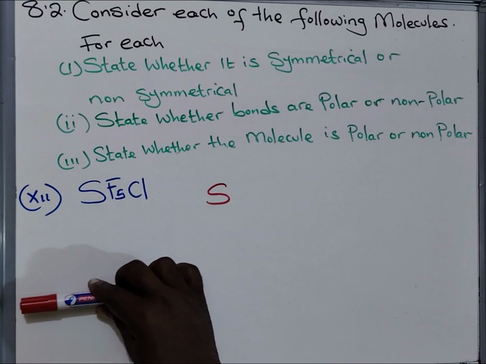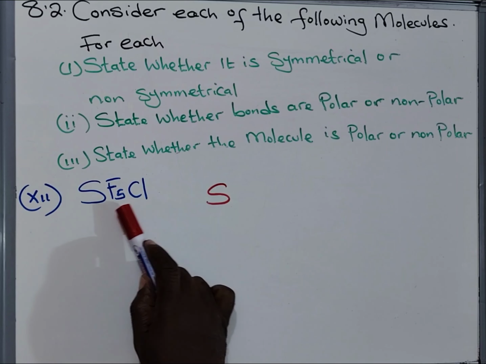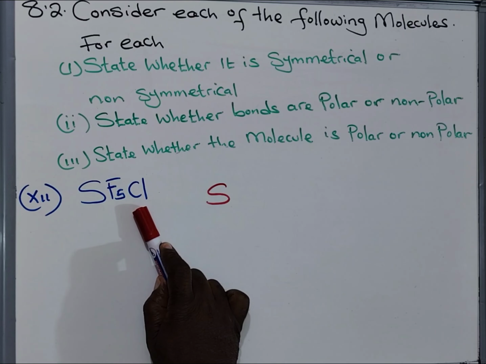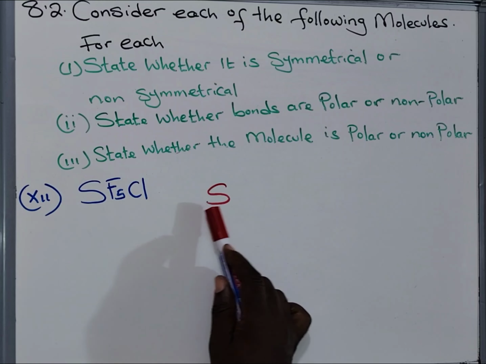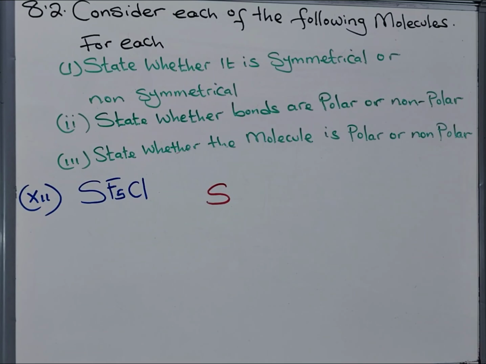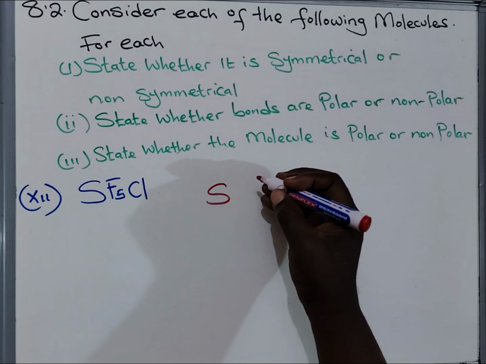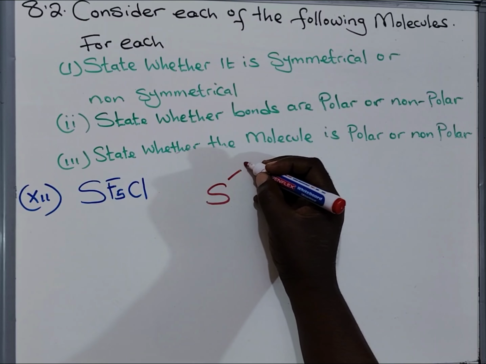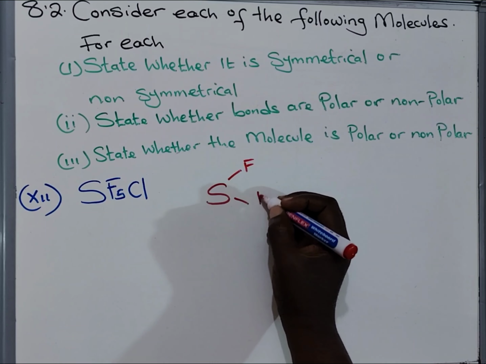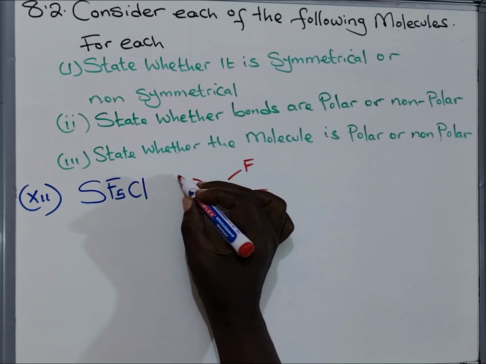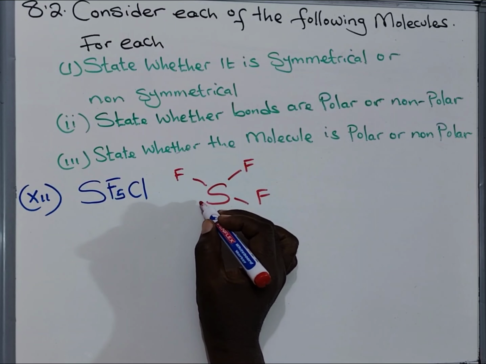Okay, here we can see that it has used all the 6 to bond. 5 plus this one is 6. That implies that our central atom doesn't have any lone pair. So let us distribute the 5 F. 1 is here, 1 is here, 1 is there, and 1 is here.